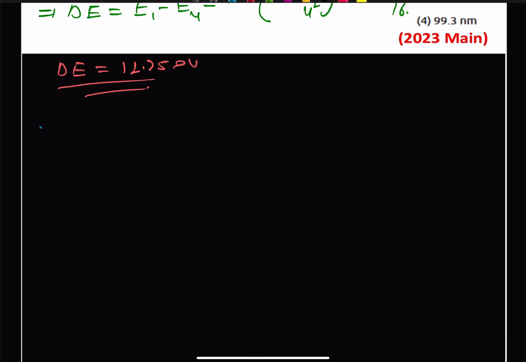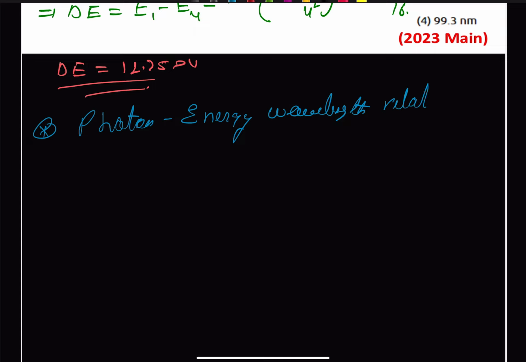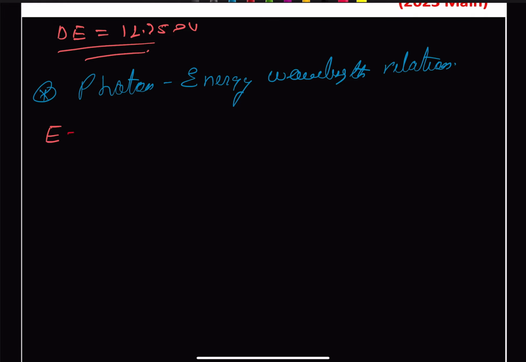So we can say the photon energy wavelength relation, which gives us that our E is equal to hc upon lambda, or in terms of this change in energy we can write lambda is equal to hc upon delta E. We can simply substitute the value.